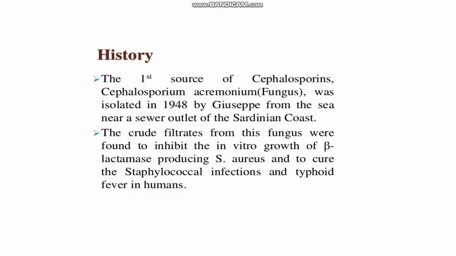The crude filtrate from this fungus was found to inhibit the in vitro growth of beta-lactamase producing S. aureus and to cure streptococcal infection and typhoid fever in humans. So when they started from the fungus and tested its in vitro activity on S. aureus, typhoid and streptococcal infections, it was found that this drug has tremendous activity against this kind of infection.